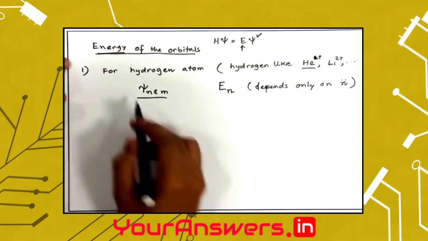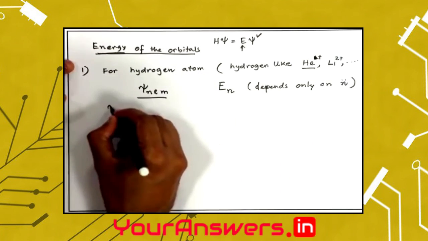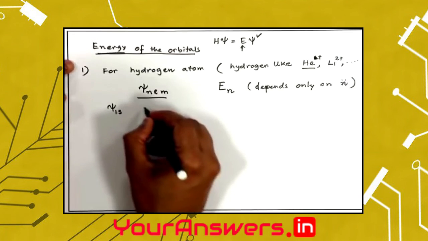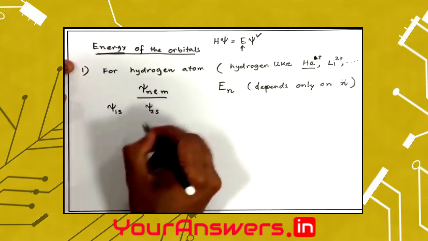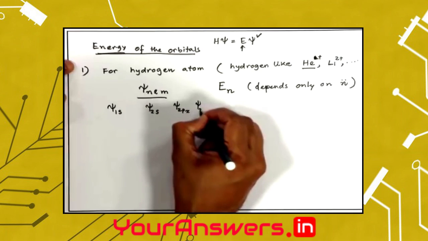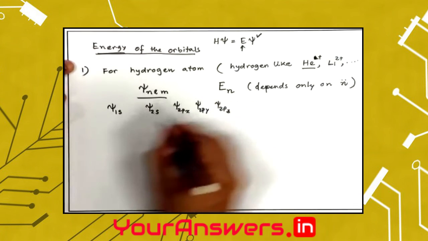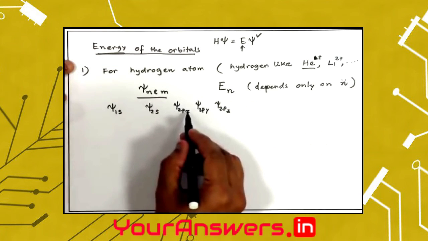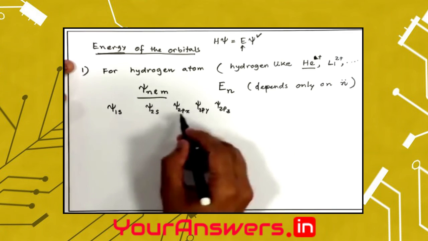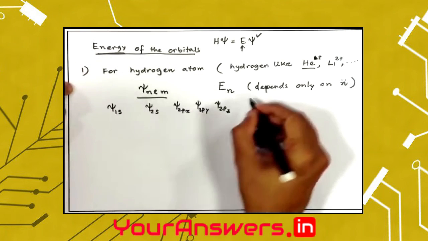So, let us write down the wave functions that we have already discussed. psi nlm, so I will call it psi 1s, then I will have psi 2s, then psi 2px, psi 2py, psi 2pz. For 2px, n is 2, l is 1, m is not exactly identifiable, but either -1 or 0 or +1.